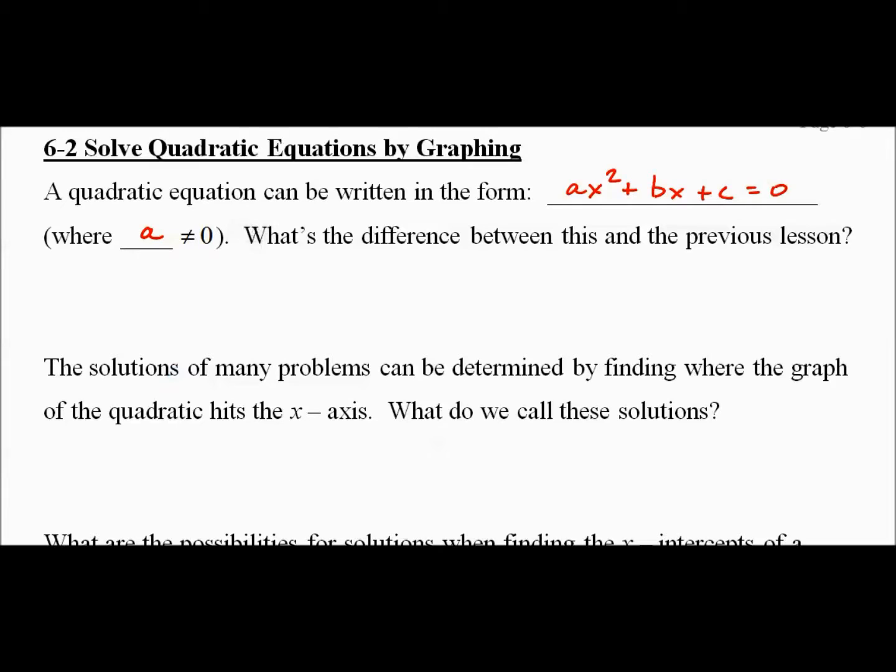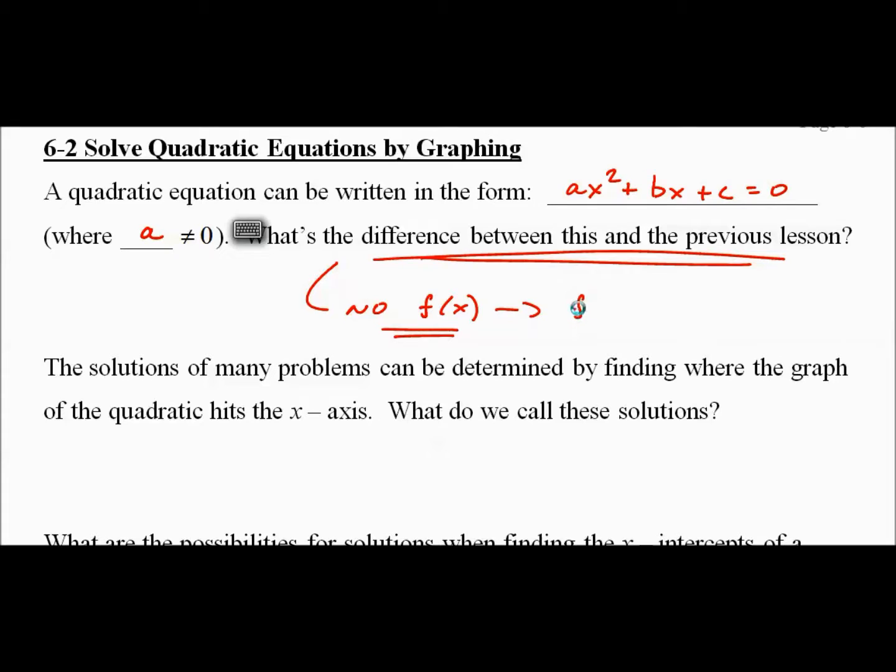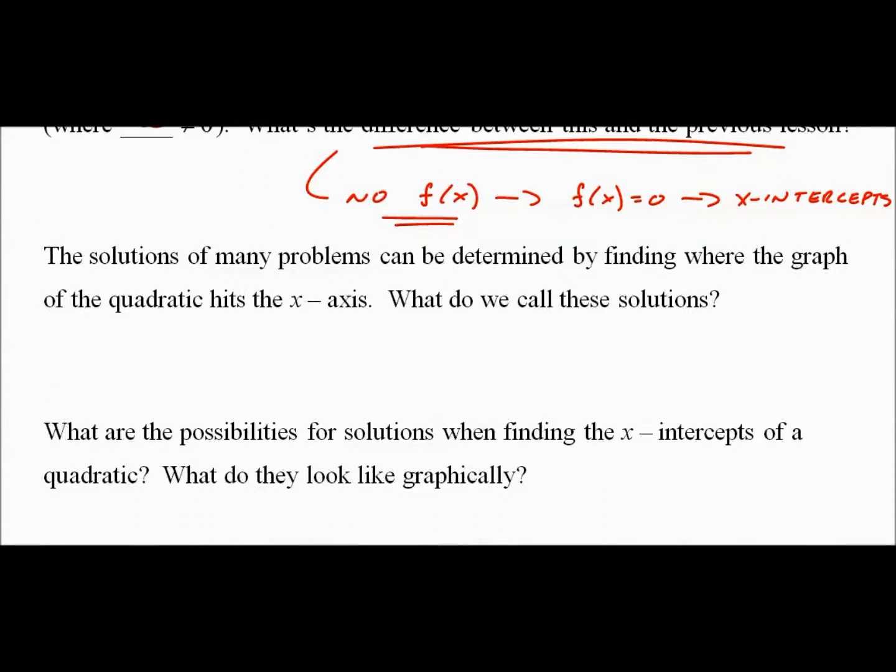So, at any rate, the difference between this and the previous lesson is that there's no f of x anymore. Now we set that equal to 0, which gives us our x-intercepts. We call the x-intercepts lots of things.